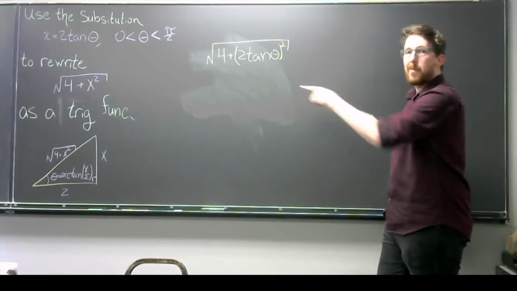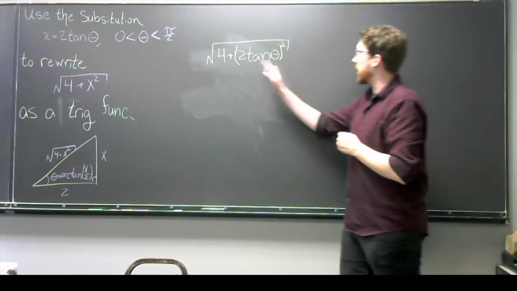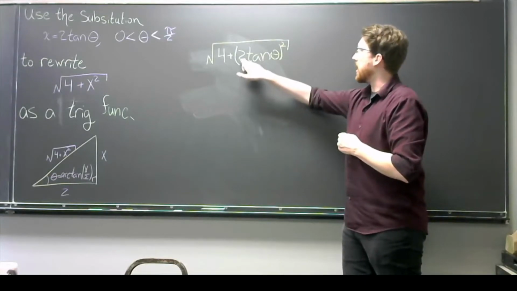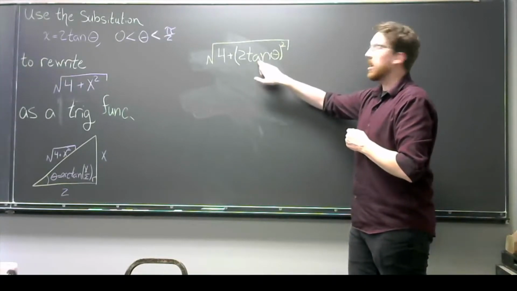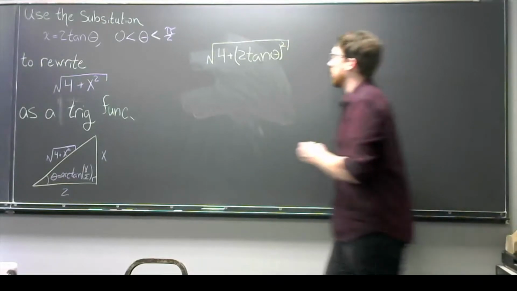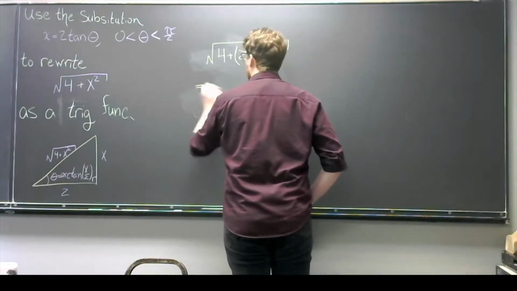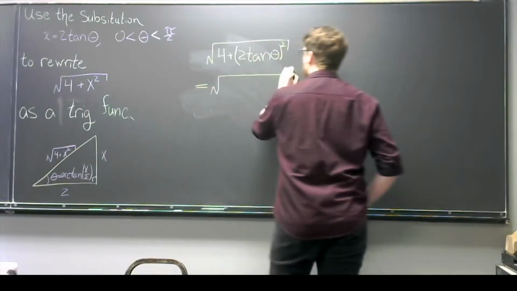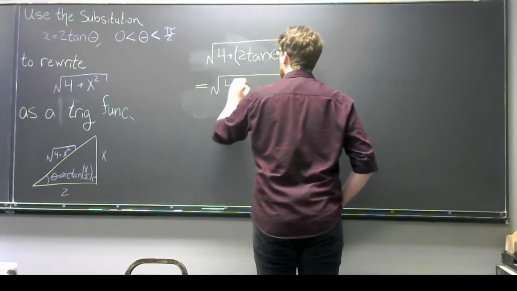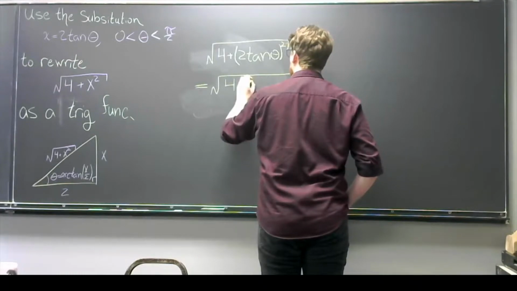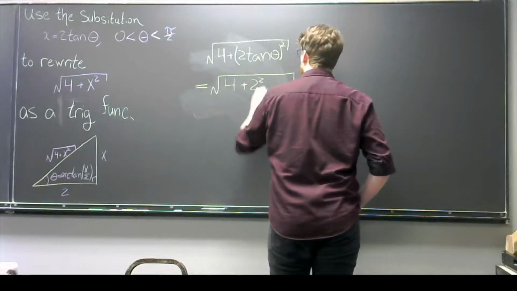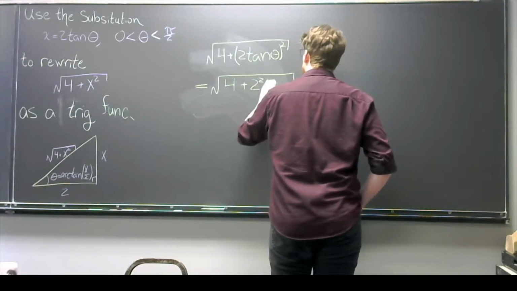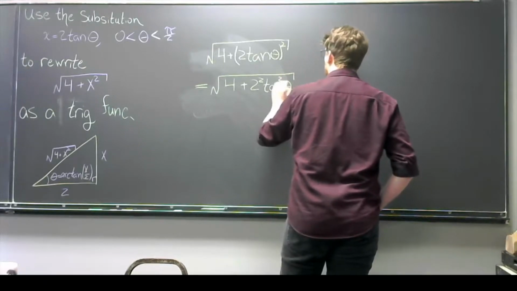But we can go ahead and pass the square all the way through this, right? So we're going to end up with 2 squared times tangent squared. It's going to look something like this: 4 plus 2 squared tangent squared of theta.